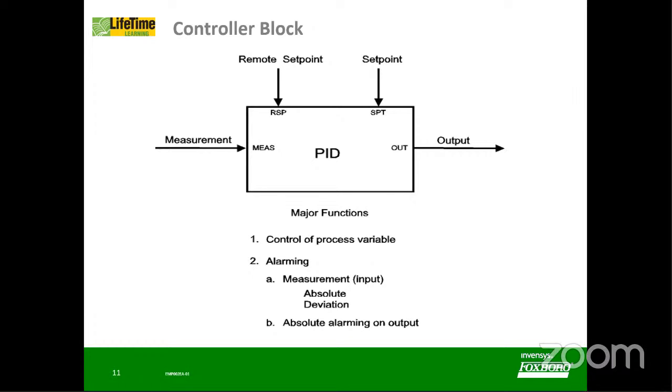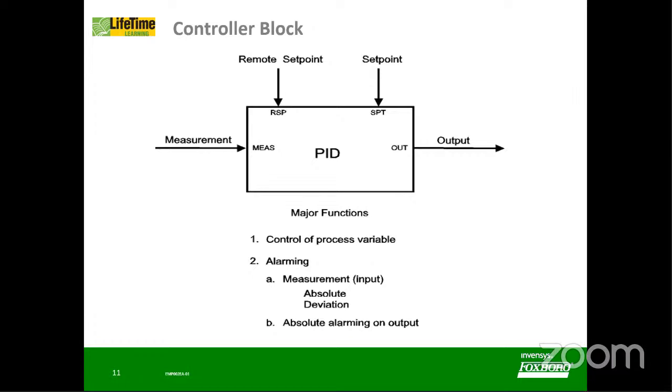Here in this case, there is something mentioned as remote set point. So what is remote set point? The remote set point is something you use if you want to provide a set point to this PID block from some other PID block's output. For example, you have cascade control applications. You might have studied about cascade control systems, right? A PID control inside another PID.